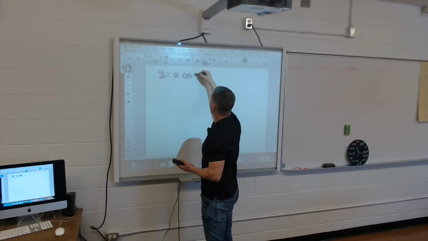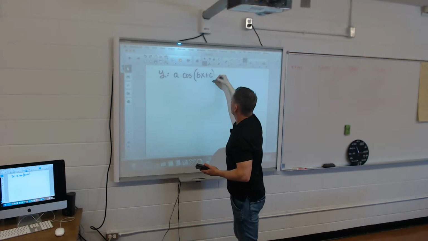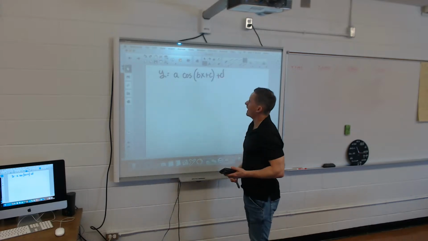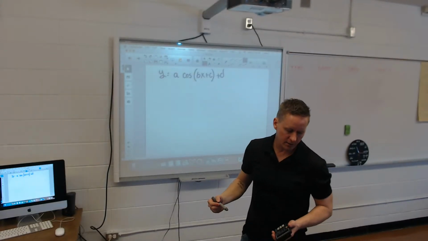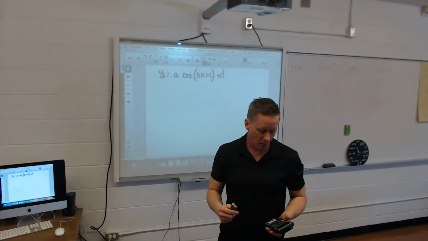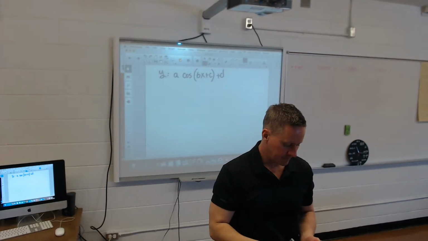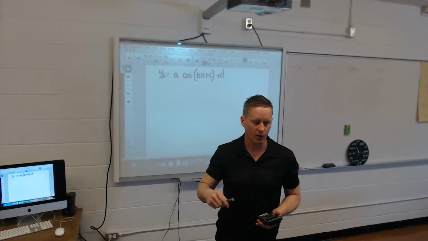So A COAST, again, I don't like this. They have BX plus C add D, but that's just the way the calculator operates. So what we're going to do is let's find out what our maximum value is, because that's where the peak value is, where COAST is.